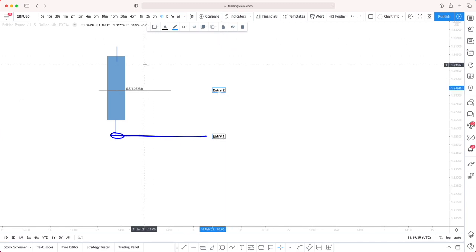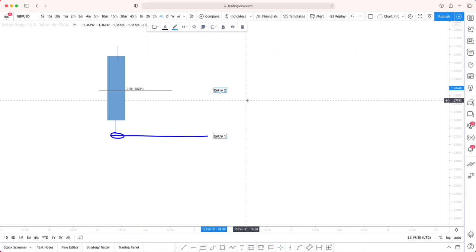Generally, we like to have a 5 pip stop loss max, but it's up to you what you feel comfortable using as your max stop loss. For me, it's 5 pips. So if the entry gives me a 5 pip stop loss or less, then I always use entry 1. If it doesn't, then I always use entry number 2 and use 50%.